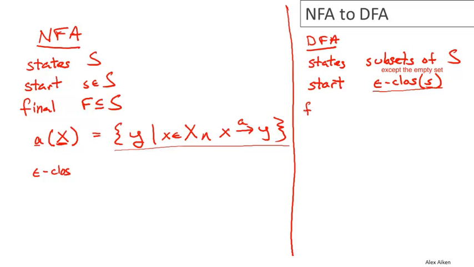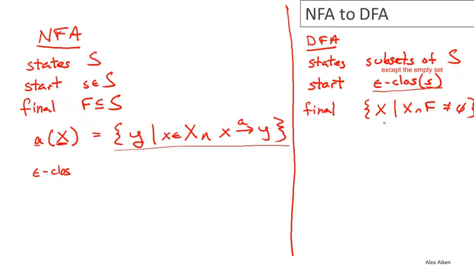Now, what are the set of final states? Well, the set of final states will consist of those states X, and remember these states of the DFA are sets of states of the NFA, so X is a set, and it's going to be every X such that X intersected with the set of final states of the NFA is not empty. So any state of the DFA that has at least one final state of the NFA in it is good enough as a final state for the DFA.